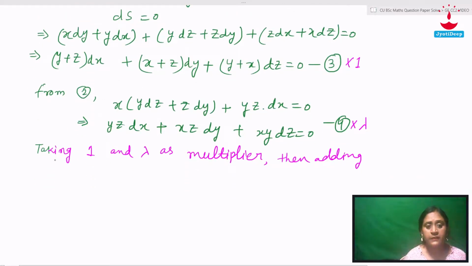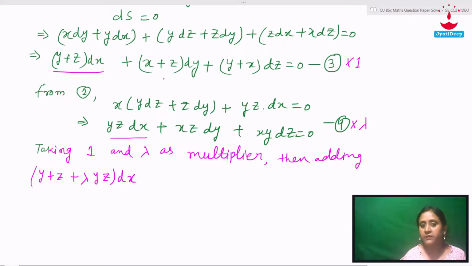We will get y plus z, I am taking this term and this term, y plus z into dx, and here we are multiplying it by lambda, so it will be lambda yz. I am taking it and writing y plus z plus lambda into yz into dx.